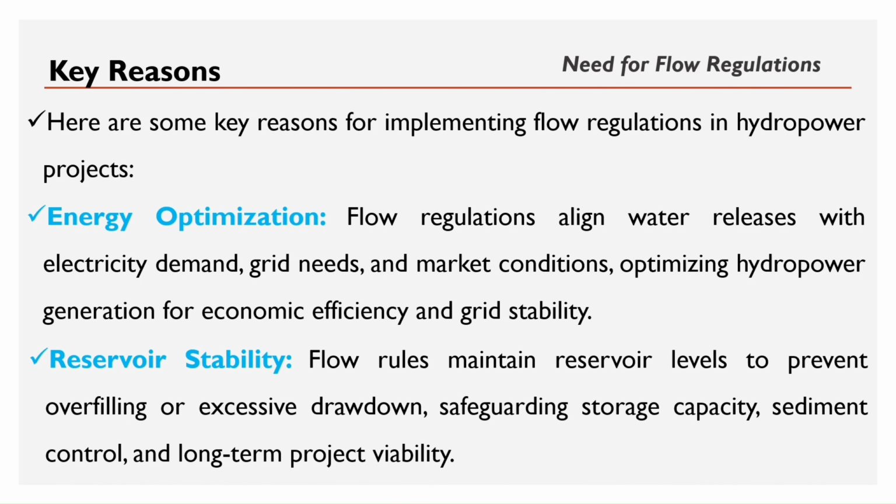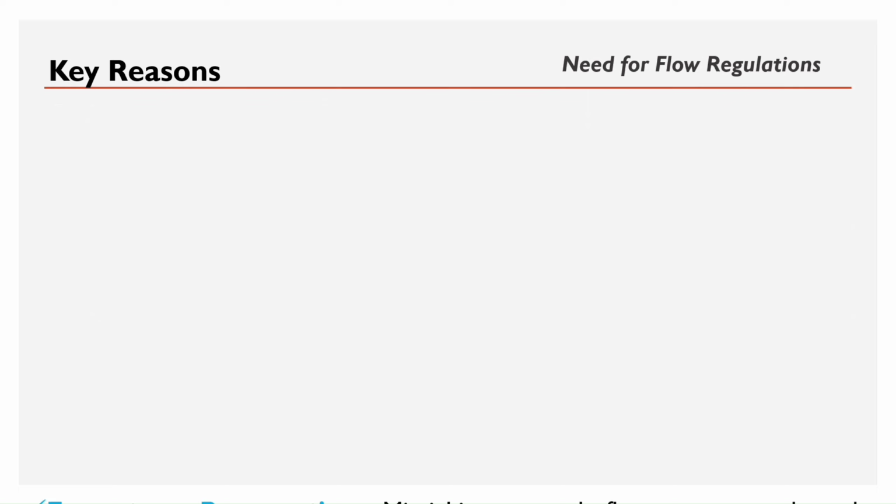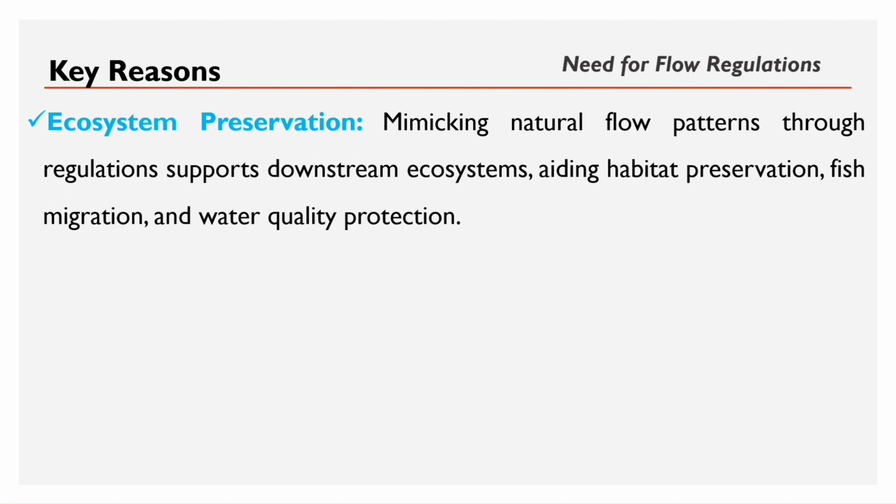Reservoir stability: flow rules maintain reservoir levels to prevent overfilling or excessive drawdown, safeguarding storage capacity, sediment control, and long-term project viability. Ecosystem preservation: mimicking natural flow patterns through regulation supports downstream ecosystems, aiding habitat preservation, fish migration, and water quality protection.